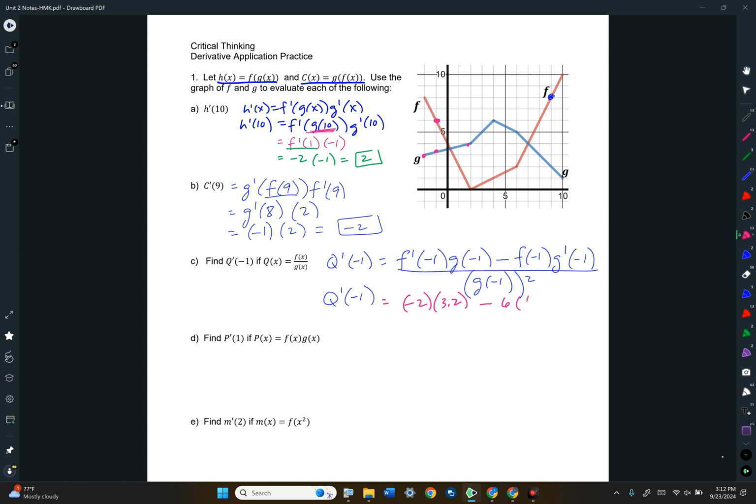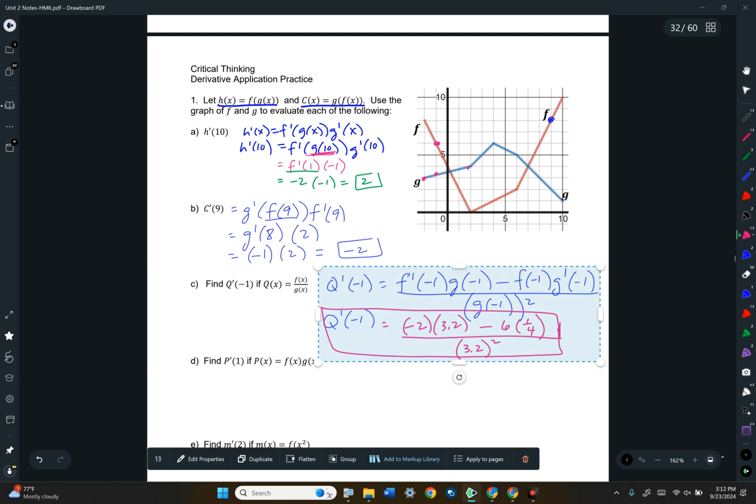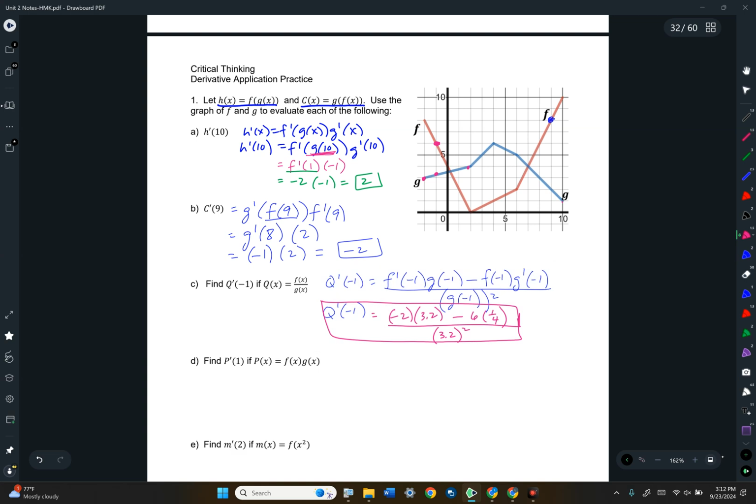I think that's going to be a positive 1/4. And then all over g of negative 1, which we said was 3.2, squared. And because we had to estimate, this isn't going to be very pretty to simplify. But remember what I said, if this were a free response, it would be perfectly fine to leave your answer unsimplified like that. Normally in homework I would say, yeah, simplify just for the practice of it, but because we have decimals, we're going to leave it as is.